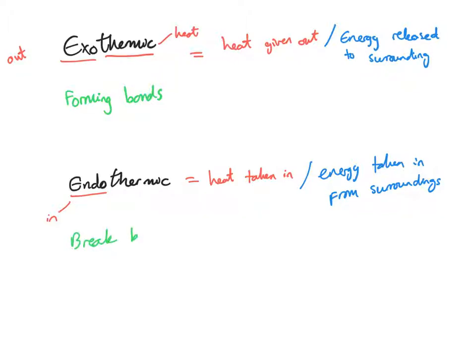So we have break bonds. Now, of course, in any reaction, we have to do both. We have to break the bonds of the reactants first and then form the bonds of the products. So overall, if the reaction is exothermic, it just means the energy released forming bonds is greater than the energy taken in breaking bonds. So let's write that up now.